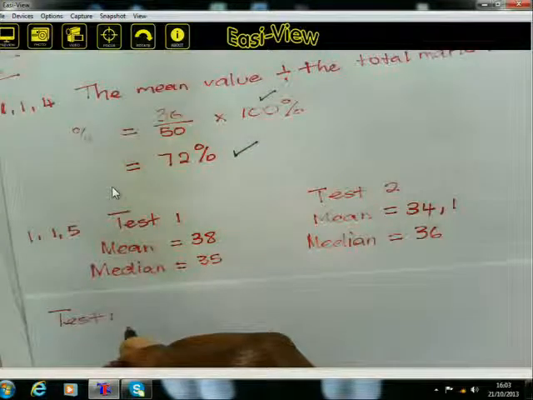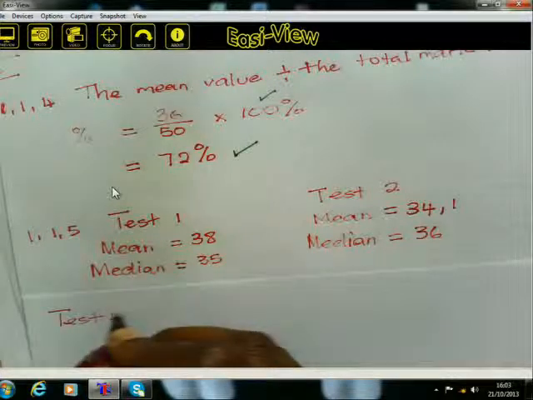On average, learners obtained a higher mark, which is 38. Mean and average is the same thing.